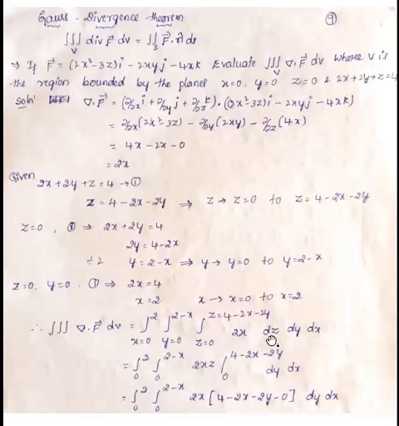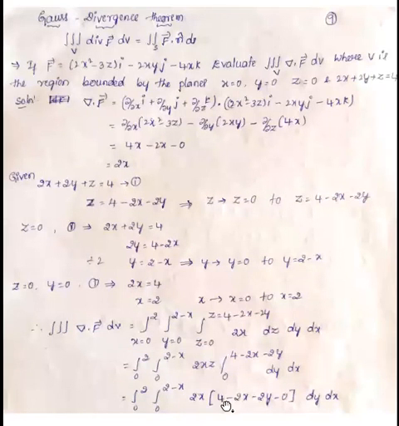Integration of a constant with respect to z is what? Here z, right? So between the limits 0 to 4 minus 2x minus 2y. Apply upper limit minus lower limit: 2x into the upper limit 4 minus 2x minus 2y, minus the lower limit 0, dy dx.